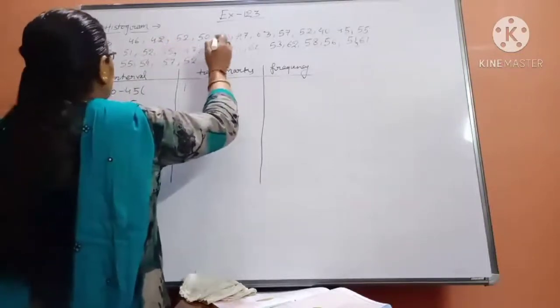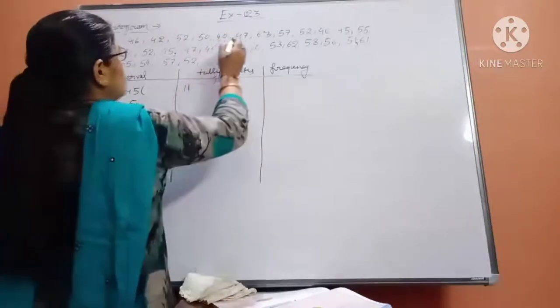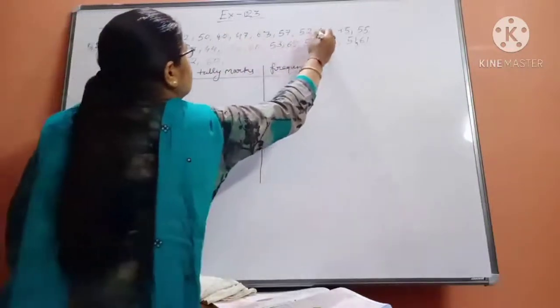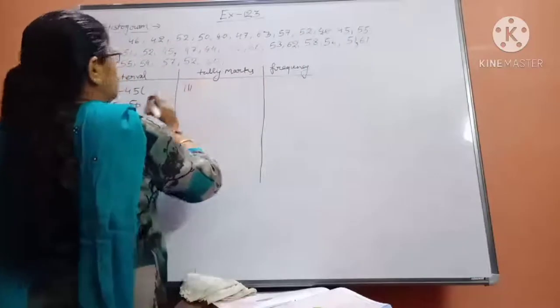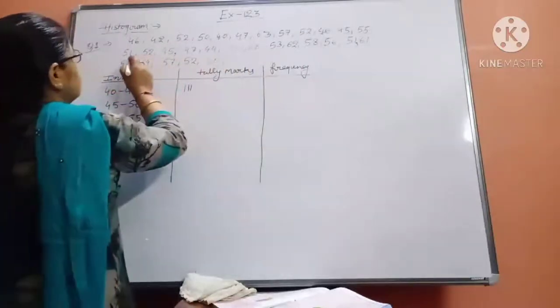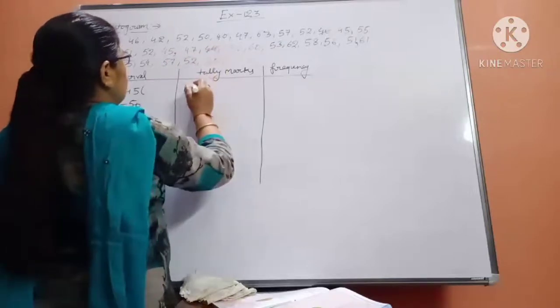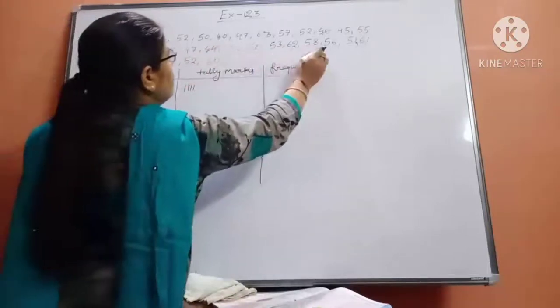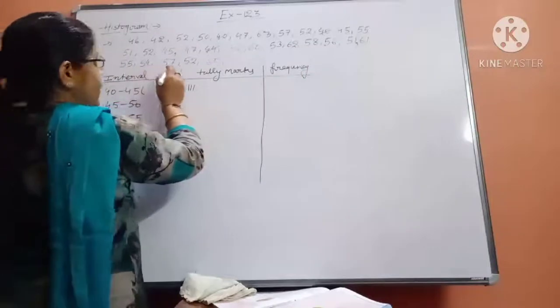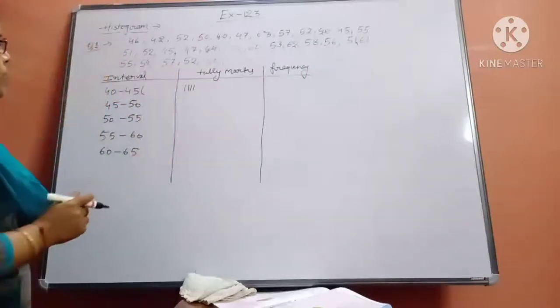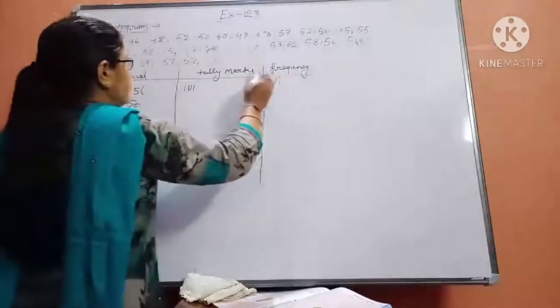Then 40, 2, 3, 4. So how many are there? What is its frequency? 4.